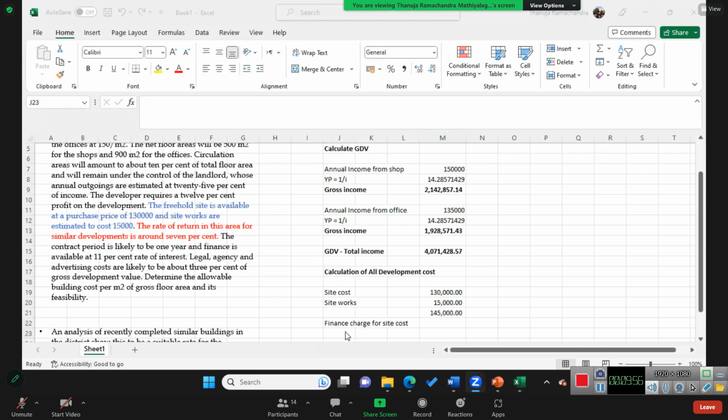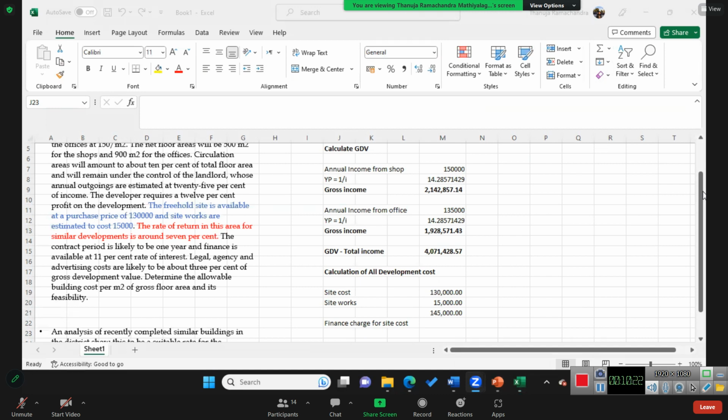So an important thing is finance charge. Everything we are taking, purchasing through borrowed finance, right? So therefore we need to calculate the finance charge for each and every cost, right? So the first cost is site cost. So there is site work 15,000. So altogether it's 145,000.